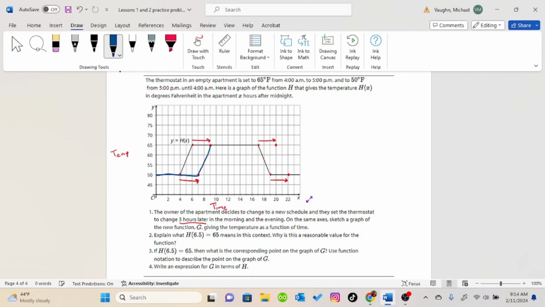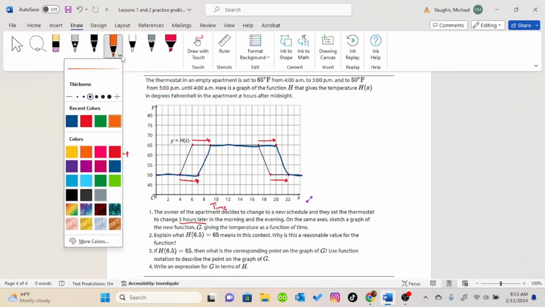Then we have our slope. It comes across the top and extends 3 units farther. And then we have our downward slope, and it continues over. So now we see the new graph, which just shifts everything over 3 units.